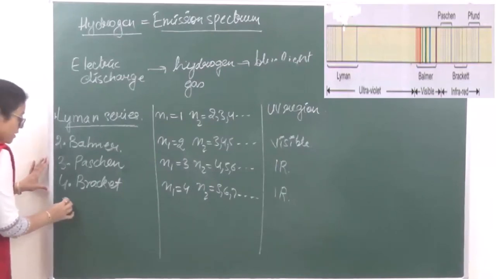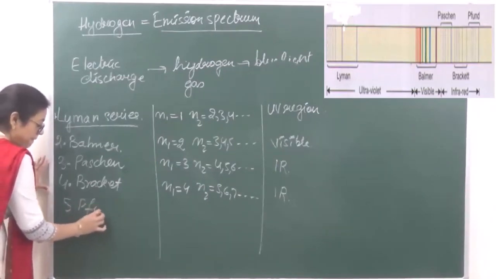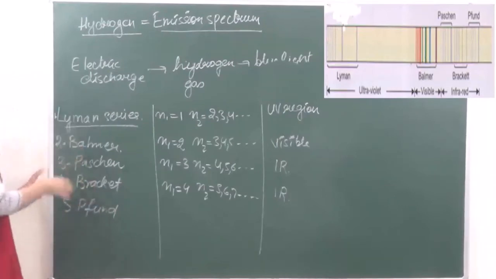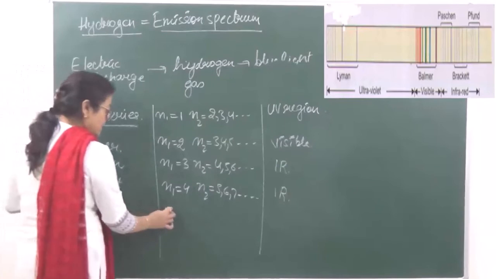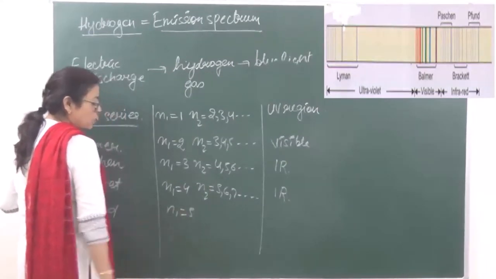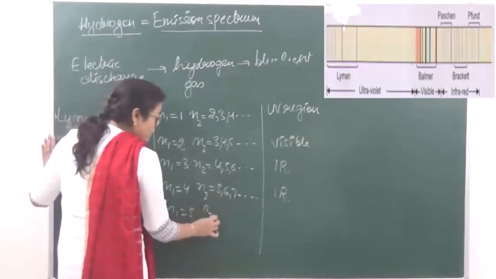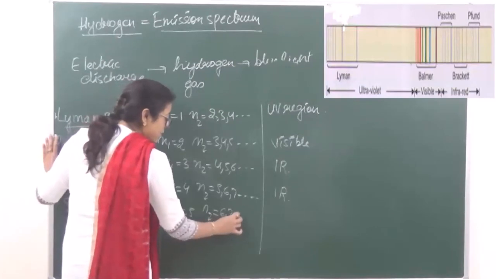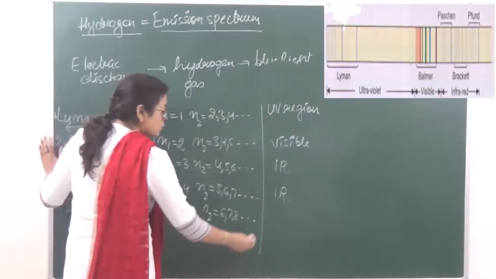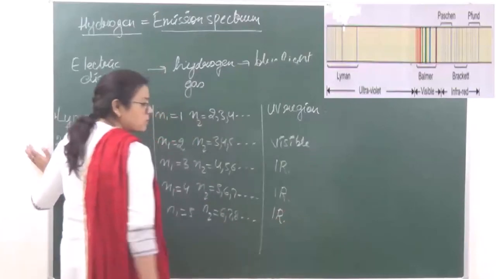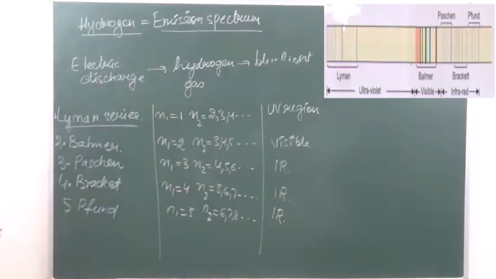And then we have Pfund. They are all named after scientists, okay? For this, N1 is going to be equal to 5 and N2 is equal to 6, 7, 8 and so on. This also falls in the infrared region, right?